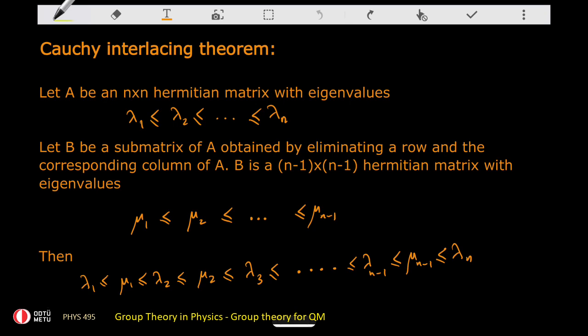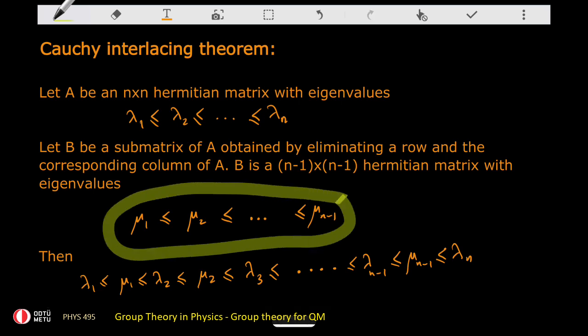There might be some degeneracies, but there's no problem with the degeneracies. And then we eliminate one of the rows and the corresponding column. As a result, we obtain an n-1 by n-1 Hermitian matrix. And since this is of lower dimension, the number of eigenvalues is equal to n-1.